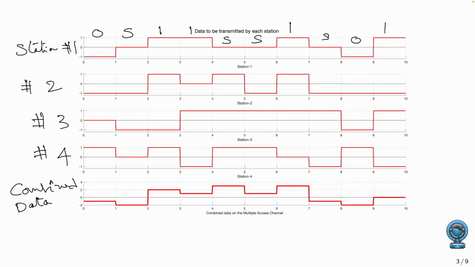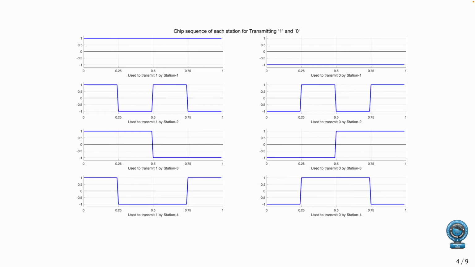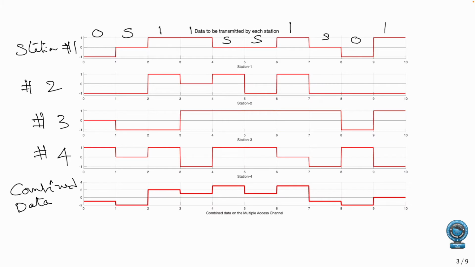CDMA is a technique that will solve this problem. Let's get to CDMA. What does CDMA say? If you observe in the previous slide, each of these stations, station 1, station 2, station 3 and station 4, are all using the same waveform.